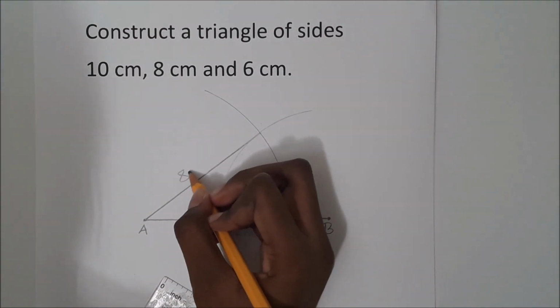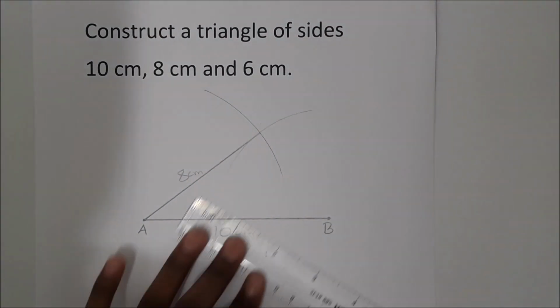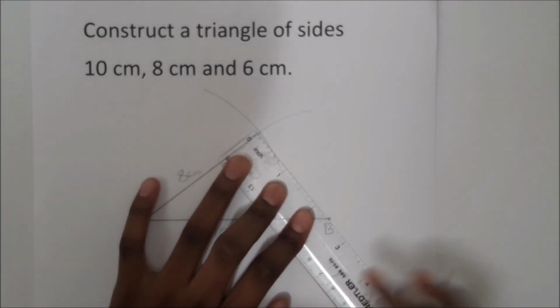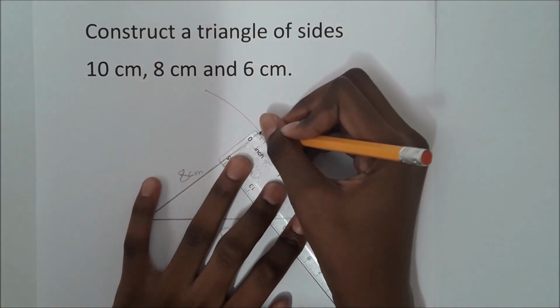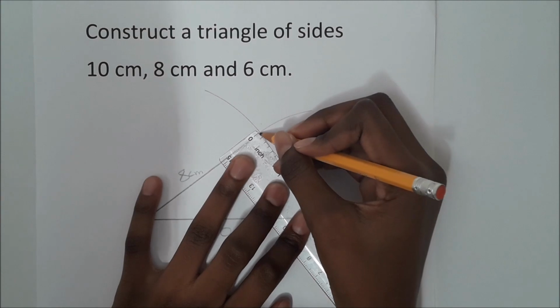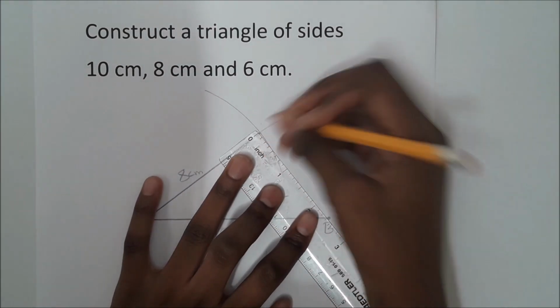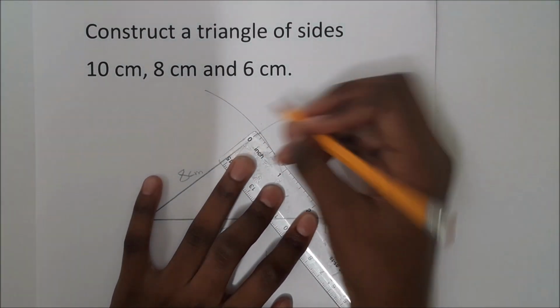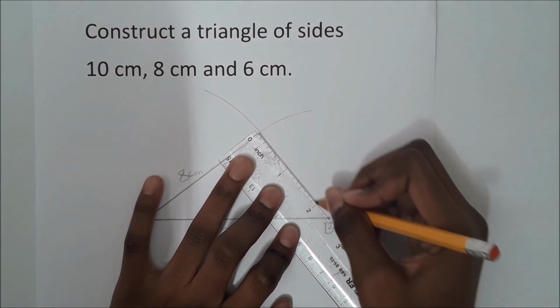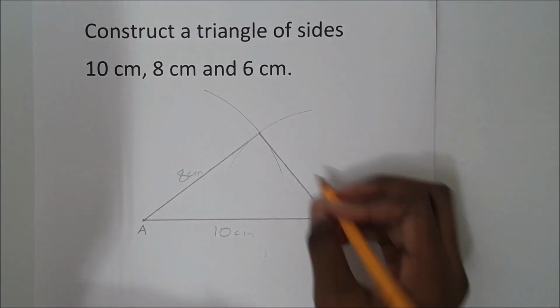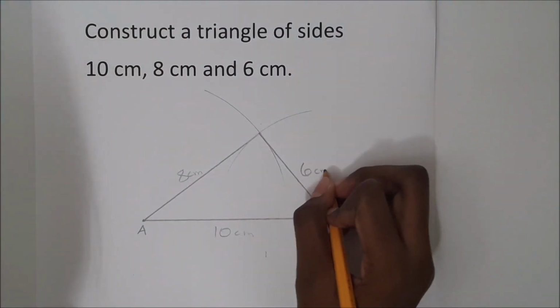And that's 8 centimeters. Next. Now put the ruler and draw a line from where the arcs intersect to point B. And that line is 6 centimeters long.